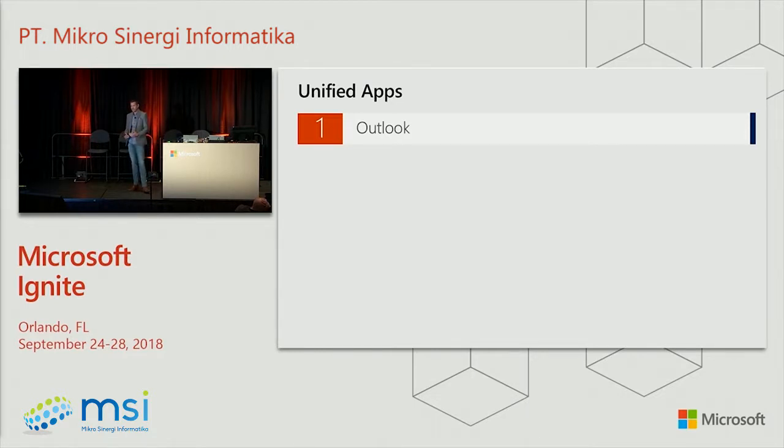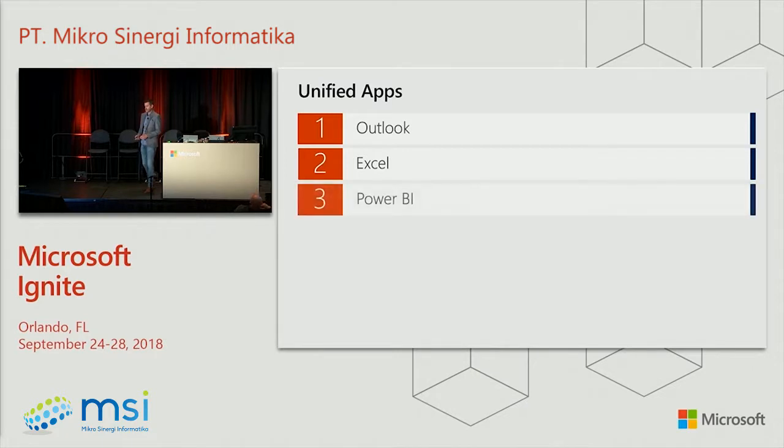Then I'm going to talk about a couple more things you can do with that Outlook add-in and the broader Outlook solution. Then we're going to look at how you can work with Excel with Business Central information. Then Power BI: how do you connect to Power BI and get that started? And then we're going to end with Power Apps and Flow.